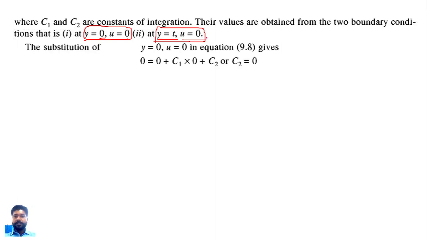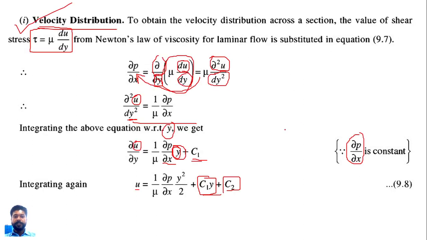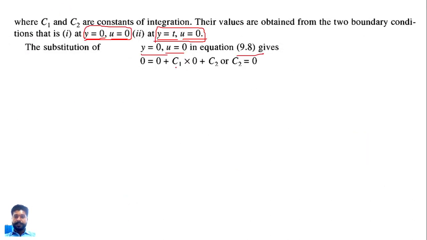Okay, so let us put these values in the previous equation 9.8. When y equals 0, at that time u equals 0. So u equals 0, c0, 0, and at that time your c2 is 0.